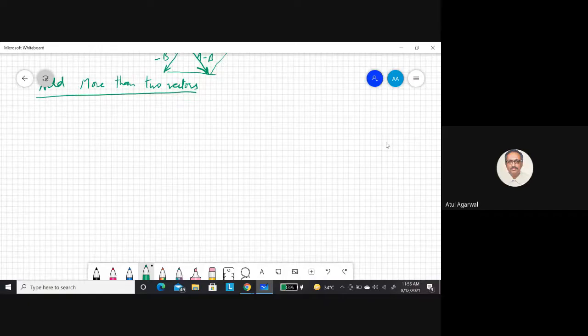Now you have got a vector A, vector B, vector C. First pick any two vectors. Now you have to extend them along their line of action.